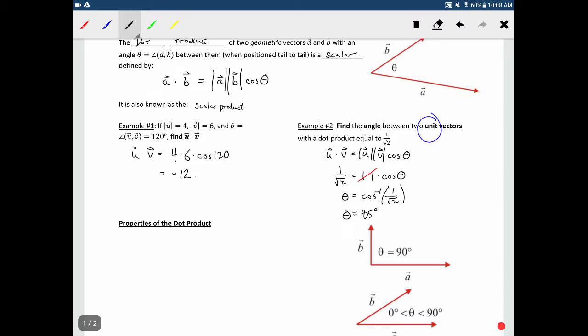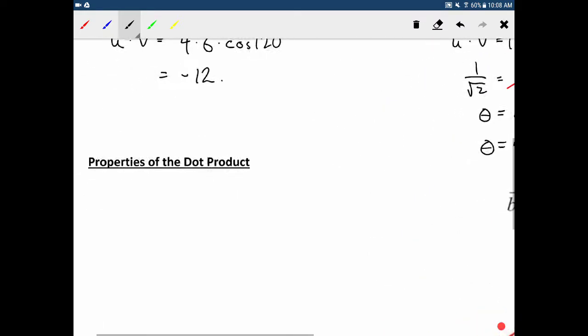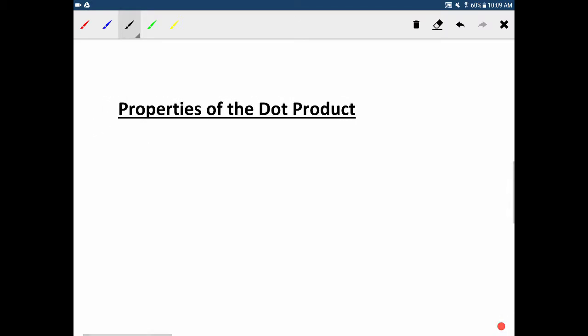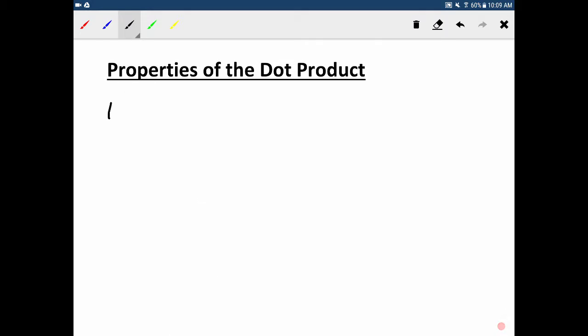Anyway, so there are some properties. I've got 12 properties for you. Property number 1 is that the dot product is a scalar. I had already mentioned that, but it is worth saying.